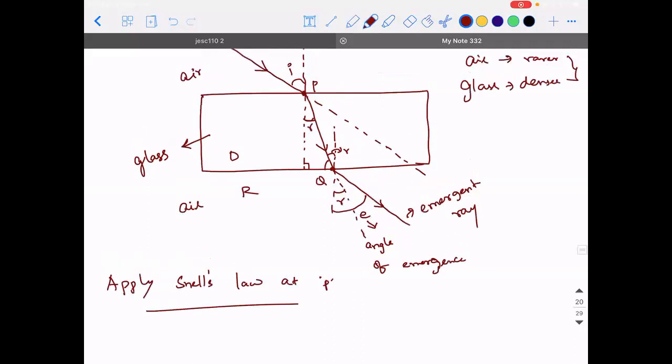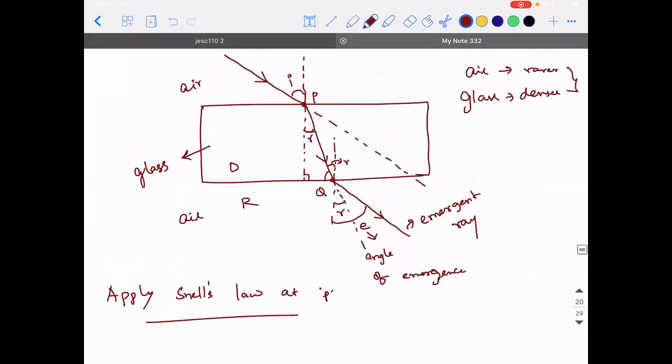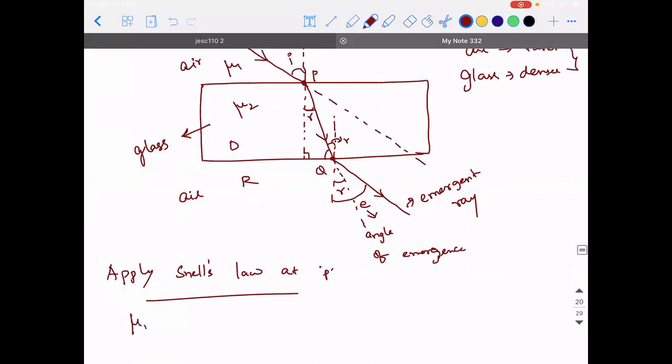If I take the refractive index of this medium as mu1 and the refractive index of glass medium as mu2, then applying Snell's law, mu1 into sin I is equal to mu2 into sin R. Accepted?